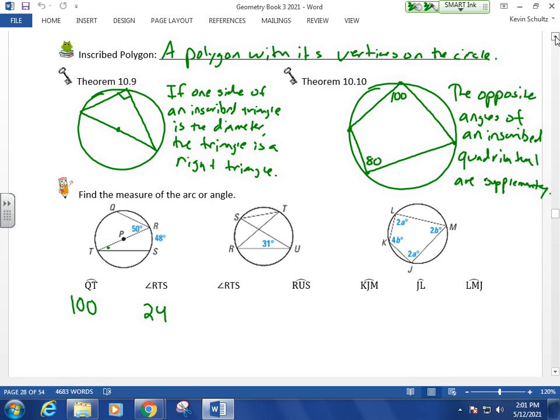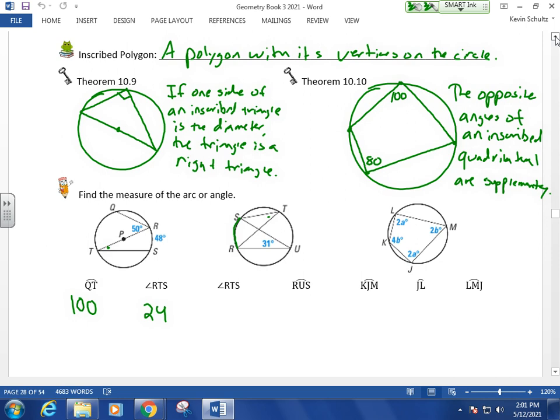The next one. Well, we have two inscribed angles. We actually have several inscribed angles here that create common arcs. So angle RTS, which is this angle right here, creates the arc RS, which is the same arc created by angle RUS.